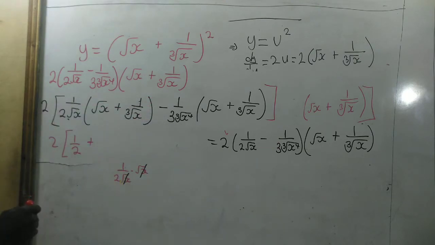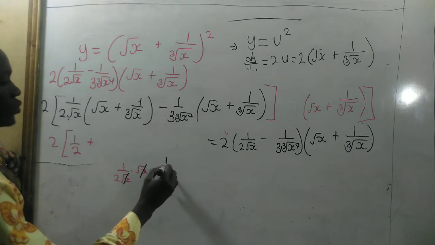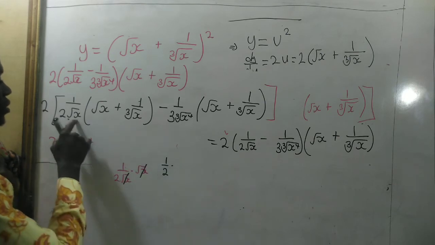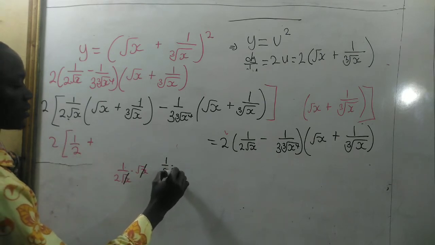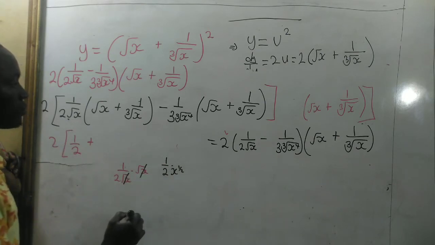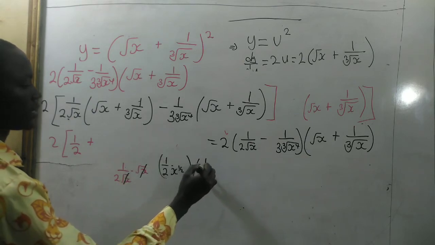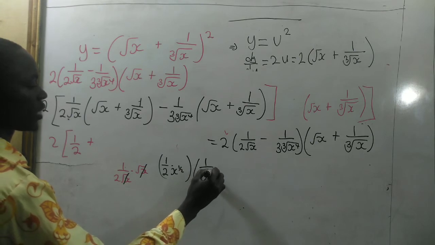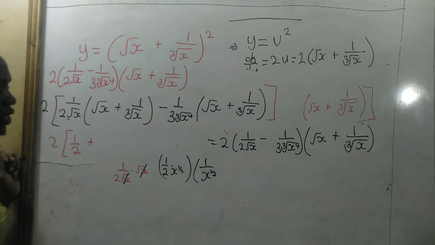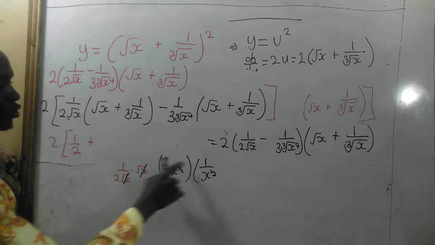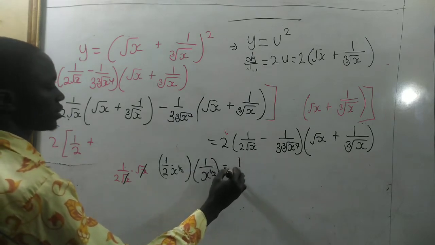What are we going to get? So we are going to get 1 on 2 times root x is x to the power half. Then this one is also 1 divided by x to the power 1 out of 3. So 1 will multiply 1, you are going to get 1.